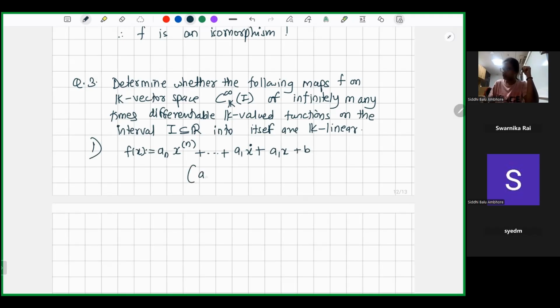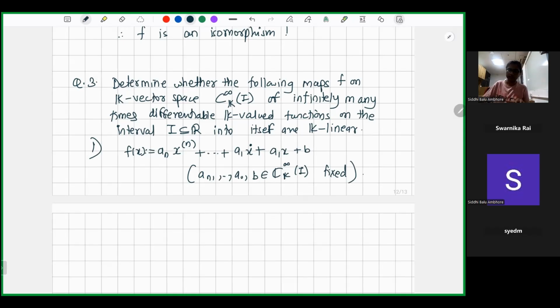And this a_n to a_0 comma b are fixed in this C infinity of I, K. This is fixed and we have to check. So let me just consider this so far. If we have time, then we will do the next.